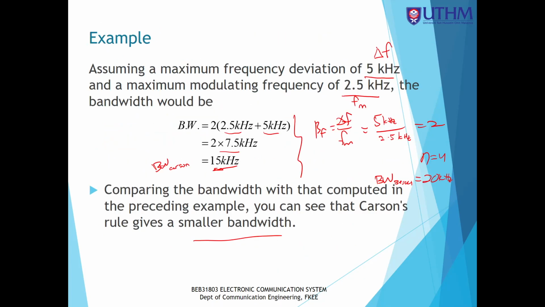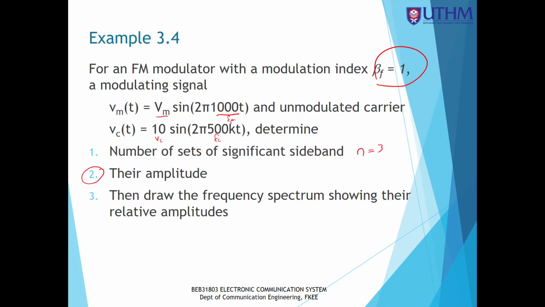first of all, I will take note of all the given values. J0 is 0.77, J1 is 0.44, J2 is equal to 0.11, J3 is equal to 0.02.